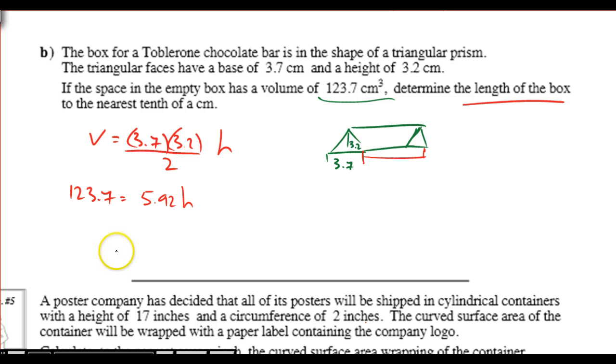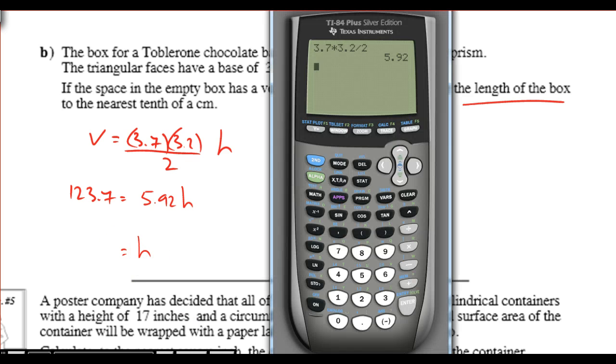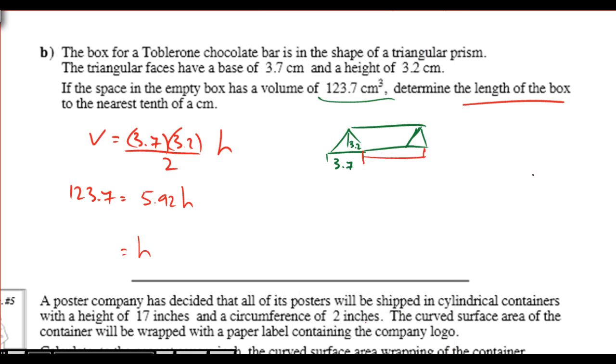Divide both sides by 5.92, and the height equals 123.7 divided by 5.92, which gives me 20.9, nearest tenth, 20.9, and the units would be centimeters.